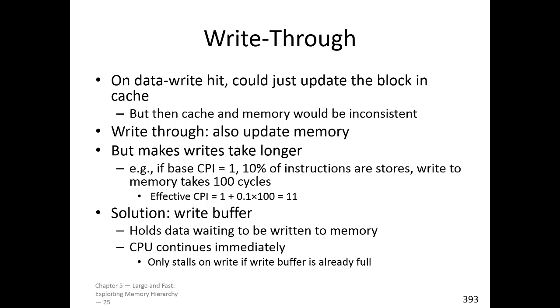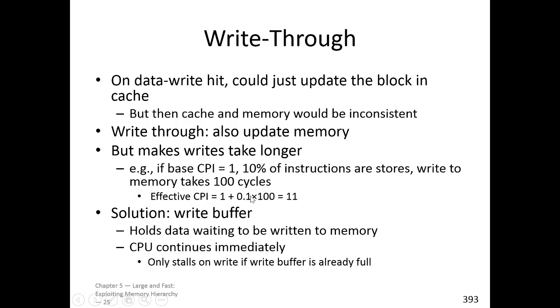So on a data write hit, we could just update the block in cache, but then, like I said, cache and memory would be inconsistent. So what we can do is write through, where we also update memory. Well, writing all the way out again to main memory or your hard drive is going to be very expensive. The example it gives here is your effective CPI.